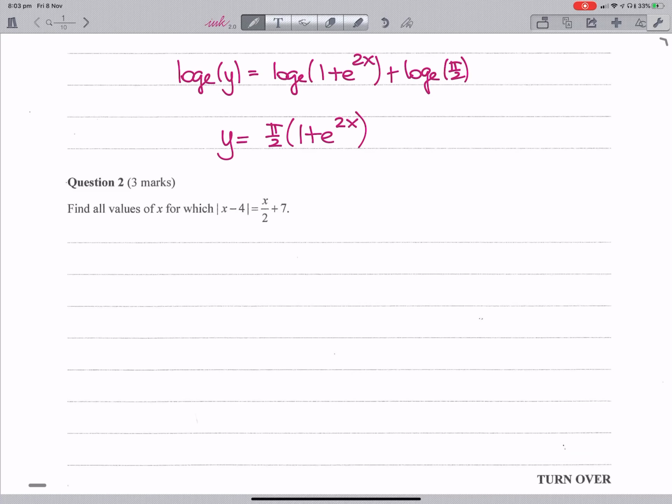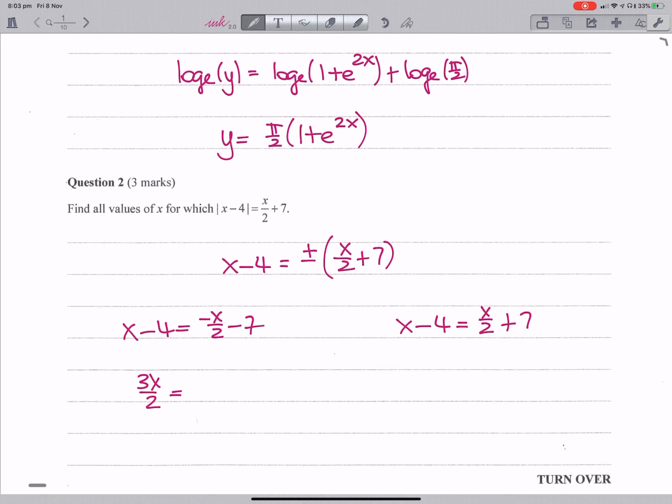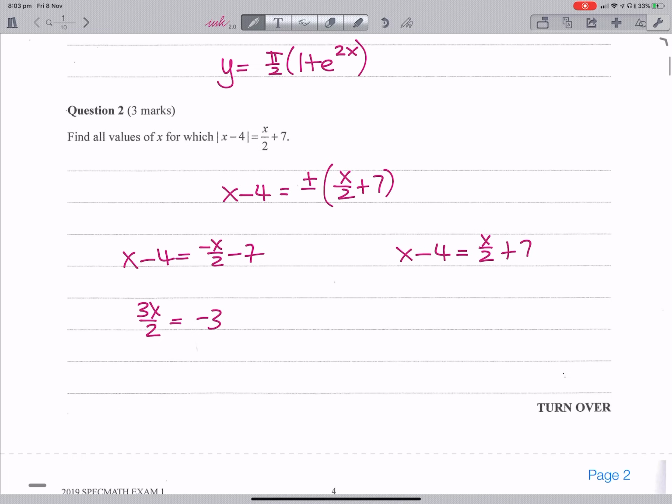Final values of x, which x minus pi modulus is that. So x minus 4 is equal to plus or minus x on 2 plus 7. X minus 4 is minus x on 2 minus 7. X minus 4 equals x on 2 plus 7. 3x on 2 is equal to negative 3.